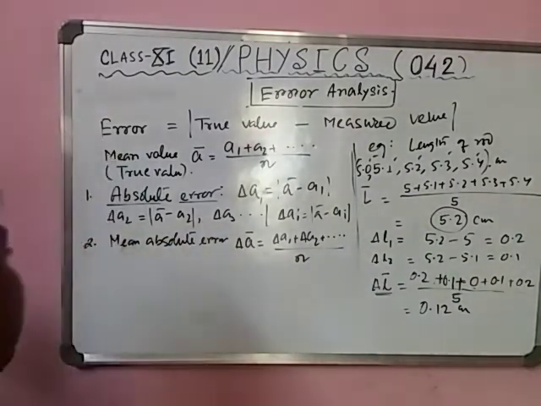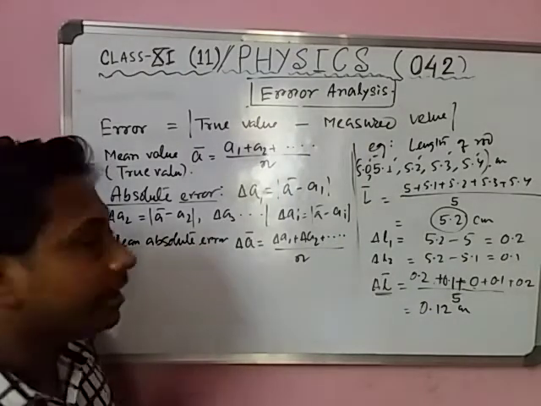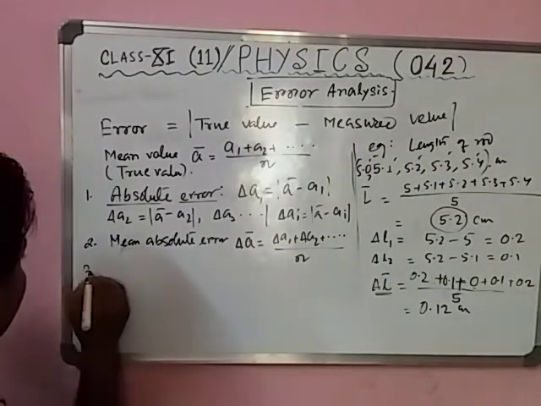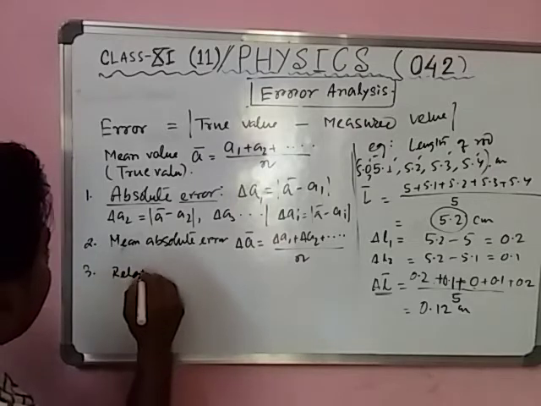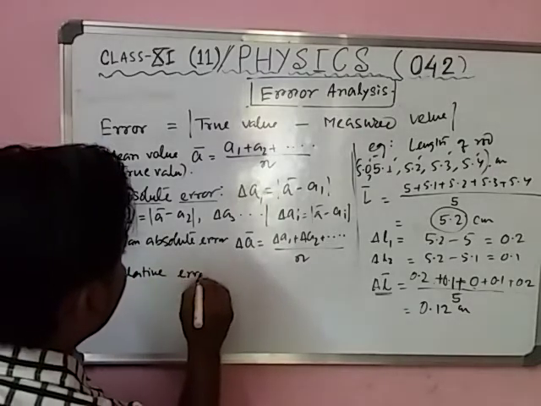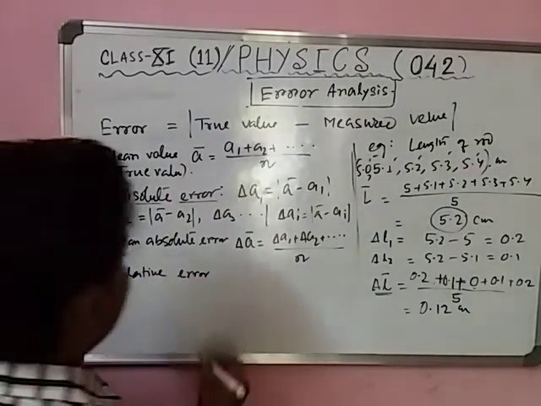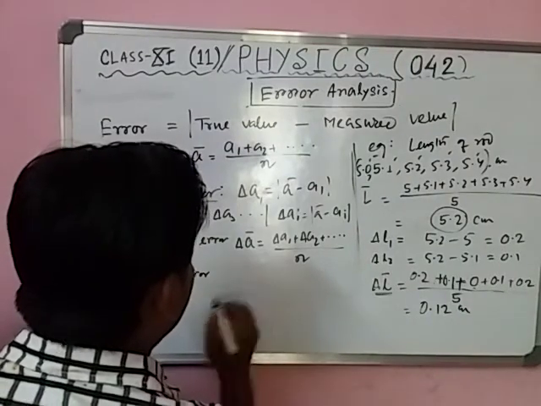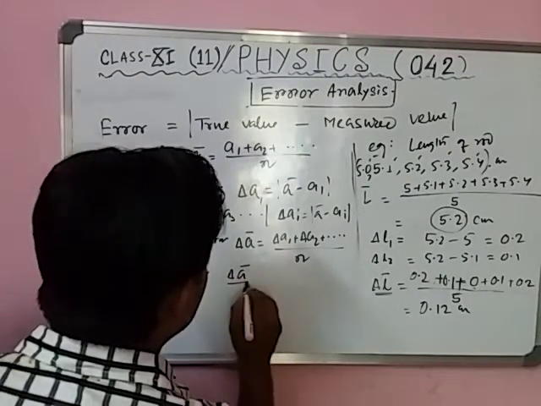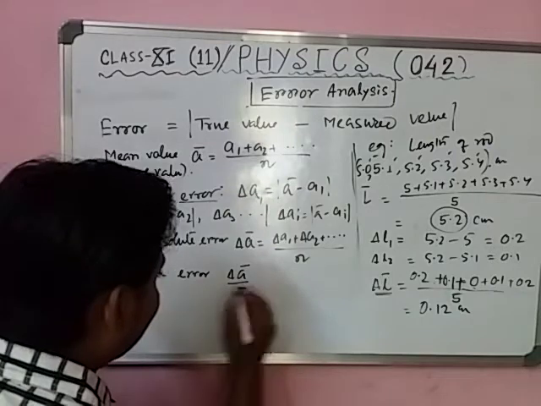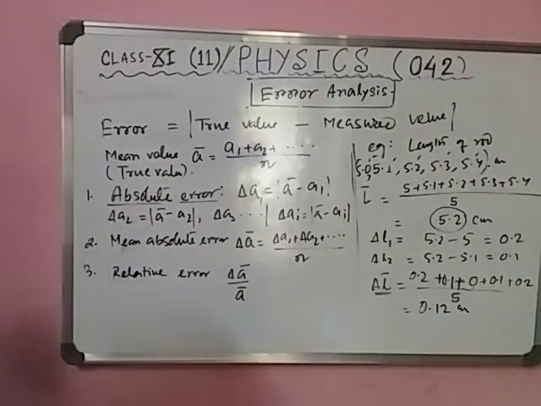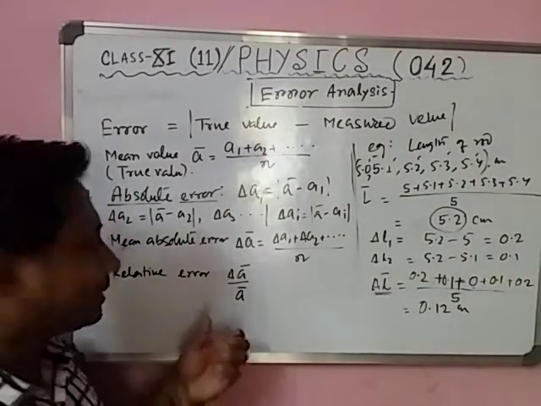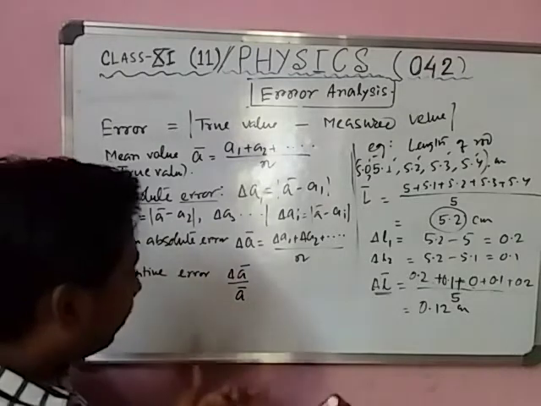After mean absolute error, we have to find the relative error. Number 3, relative error. Relative error means what? Relative error means delta A bar by the original value, A bar. Delta A bar by A bar. It's like sale price minus cost price by cost price.